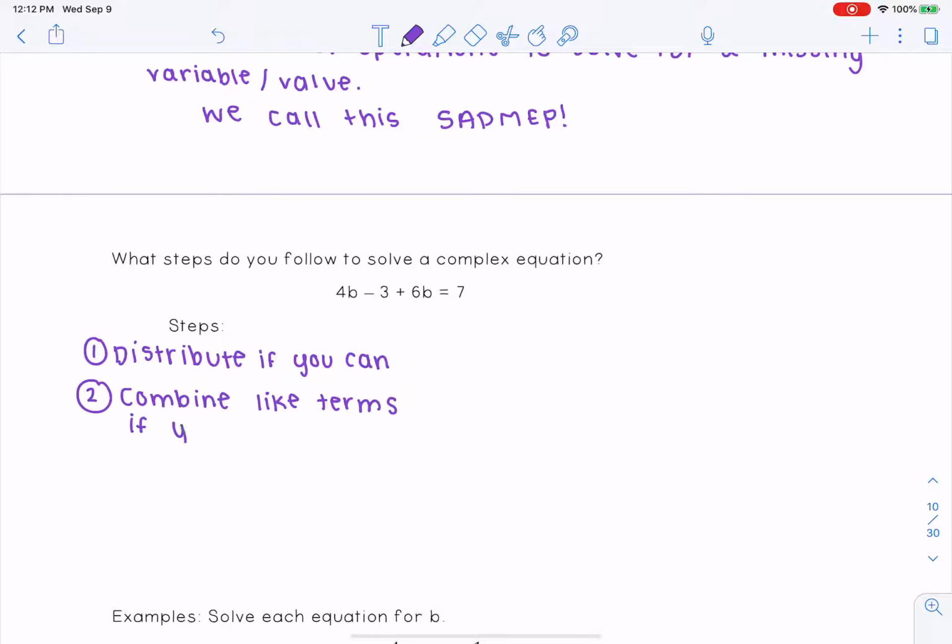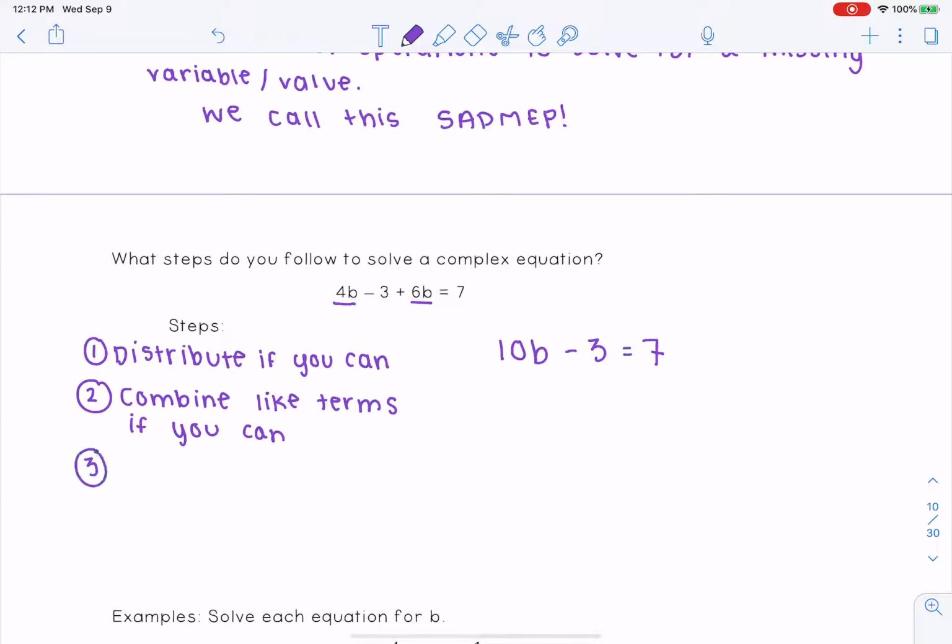Let's see if we have any like terms to combine. So I see on this left side the 4b and the 6b. Although 3 and 7 are like terms, they're not on the same side, so I'm not going to worry about combining them yet. So 4b plus 6b is 10b. Minus 3 equals 7.